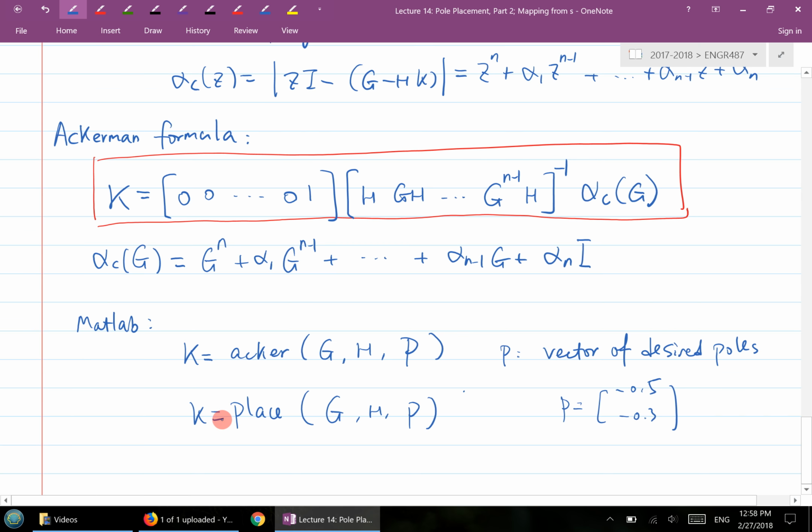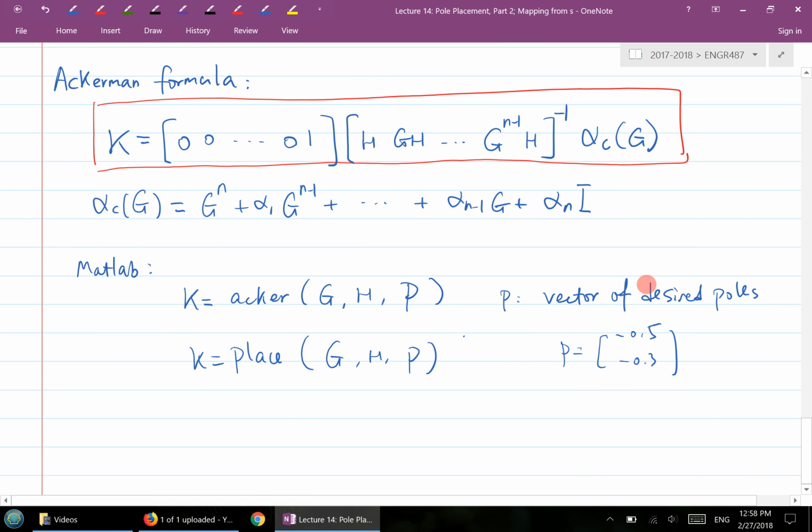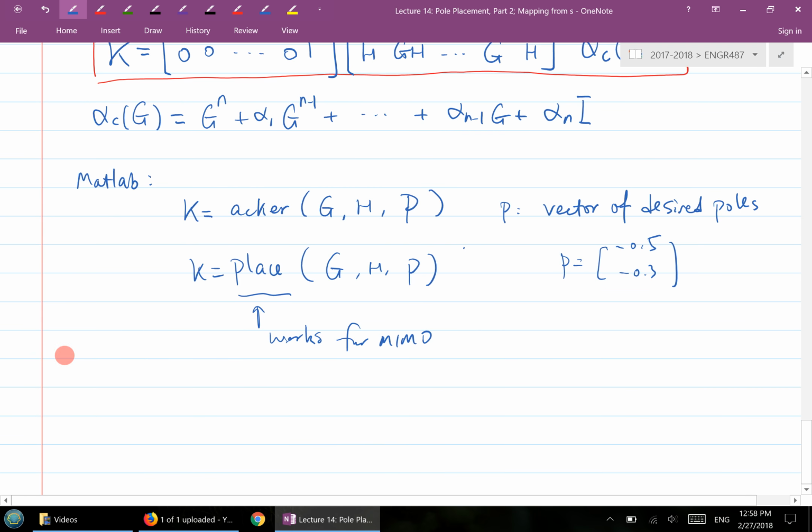The Ackermann formula, unless MATLAB has improved, used to work only for single-input, single-output systems. We'll have an example later combining with another one, where we'll use the Ackermann formula to calculate the gain.